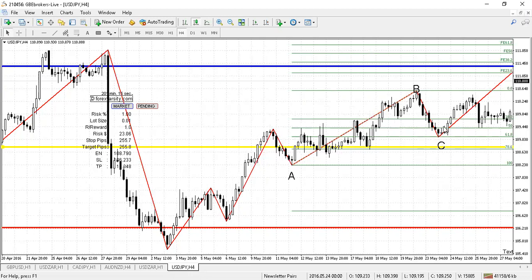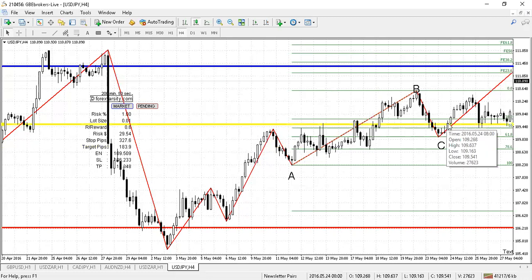So if you wanted to get into this trade at this particular candle, your entry point would be there. Now, one of the ways that you can determine a stop loss is to measure the point from A until your entry point.